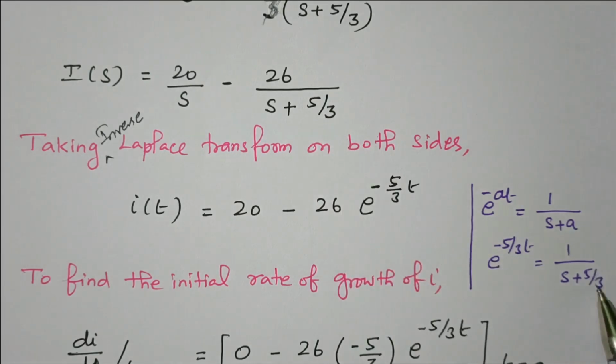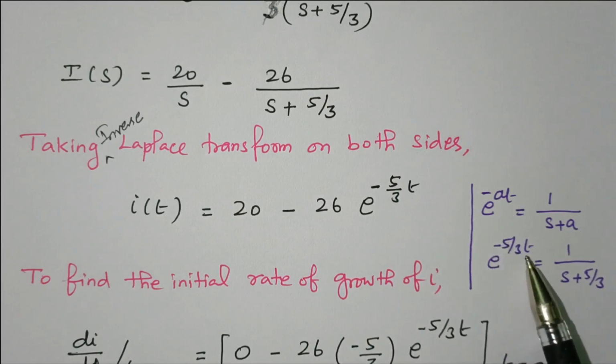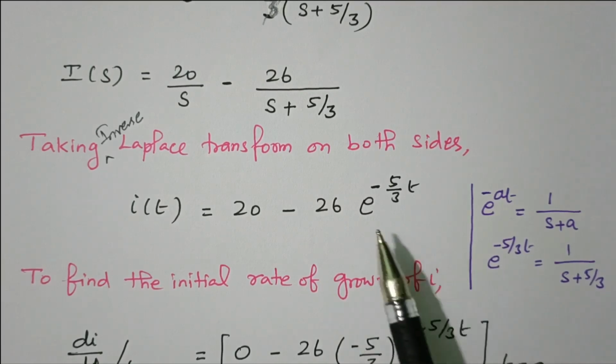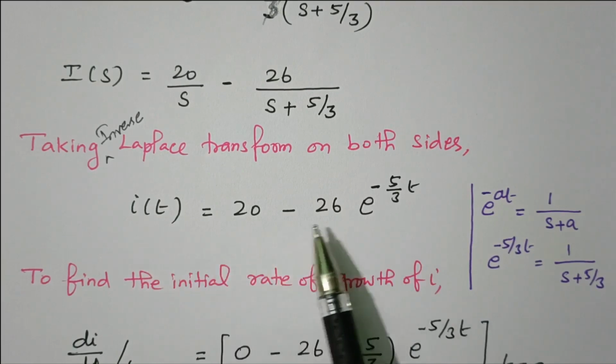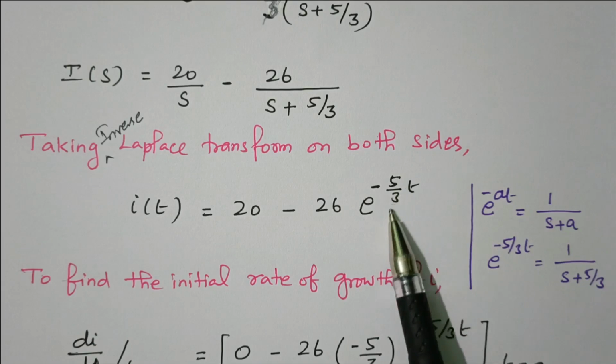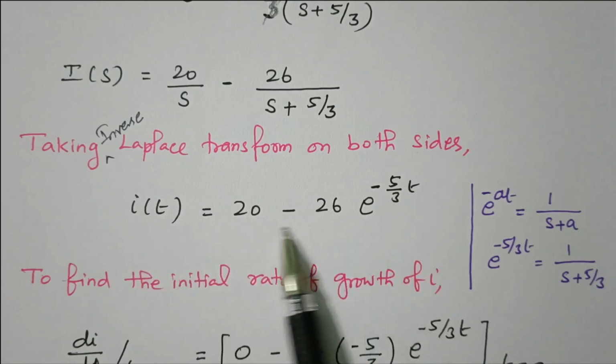So s plus 5 by 3 gives e power minus 5 by 3 t. So based on the formula, I of t equal to 20 minus 26 e power minus 5 by 3 t. This is the expression for current, the transient current.